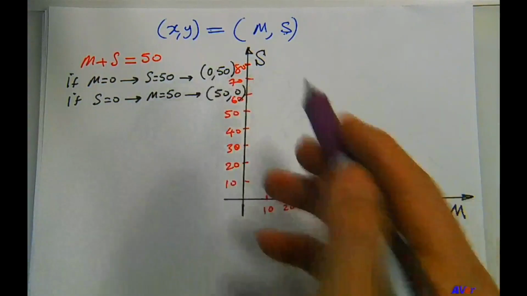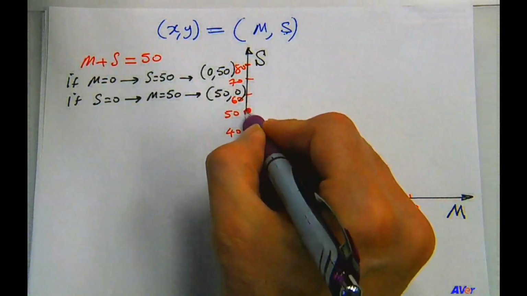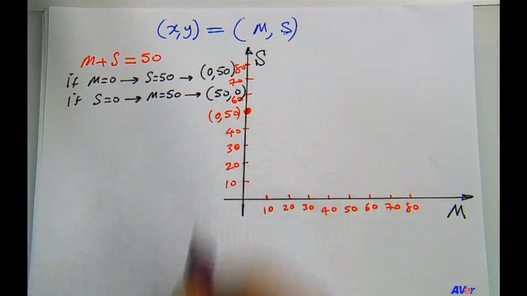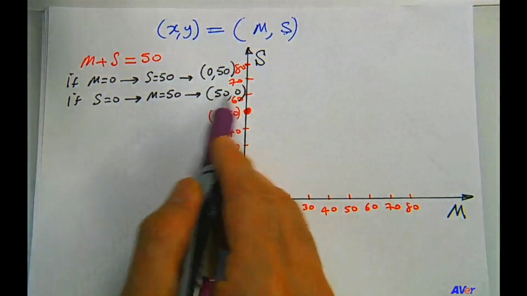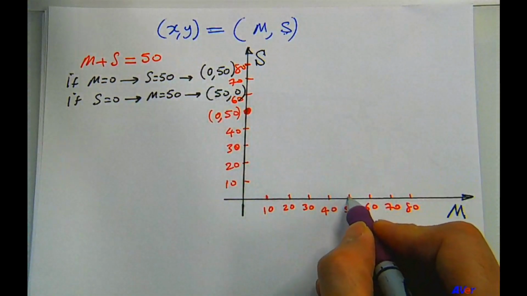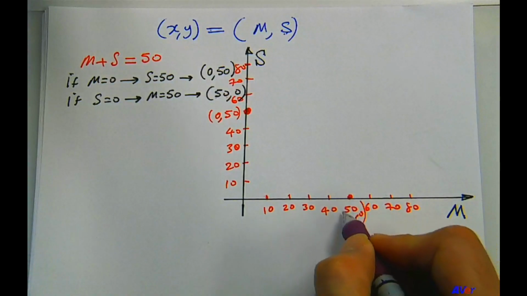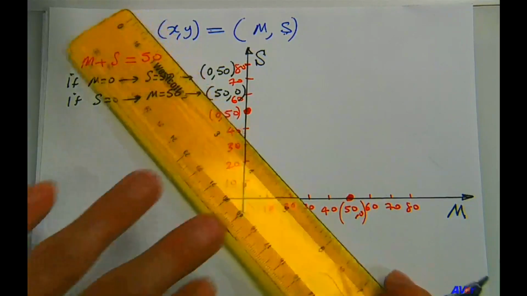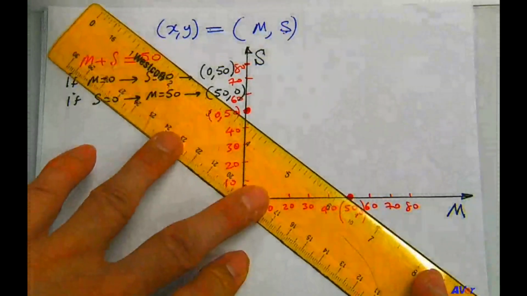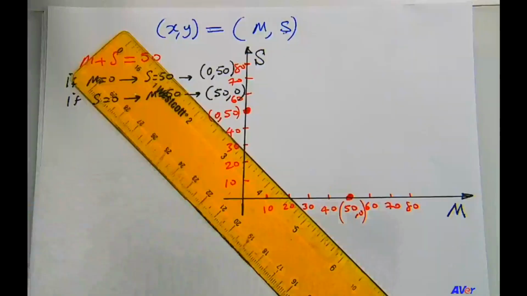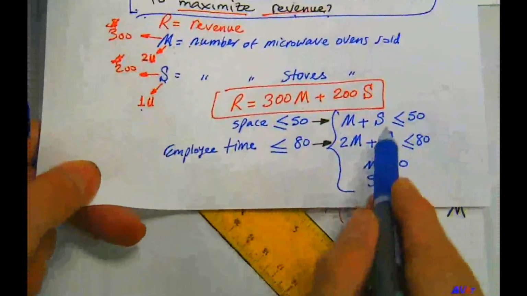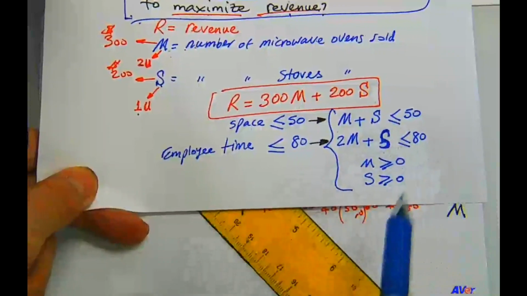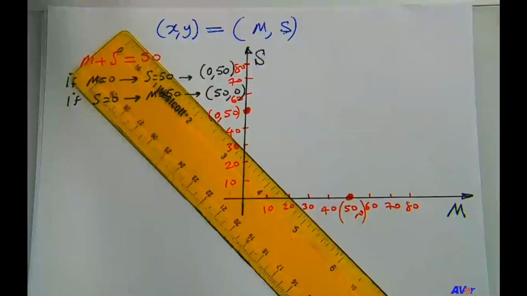We have 0, comma 50, which is that. And then we have 50, comma 0, that would be here. So let's connect these with a solid line, because we had less than or equal to.